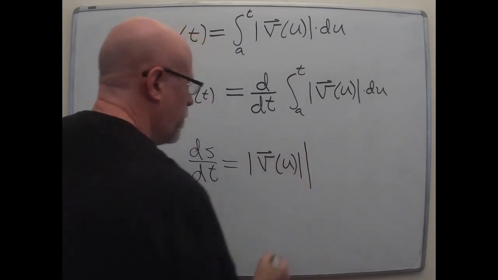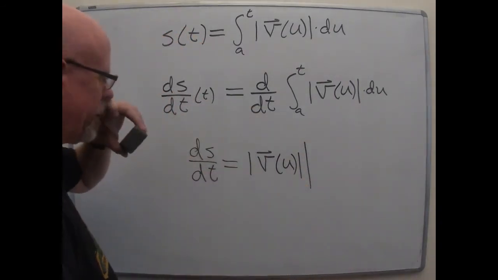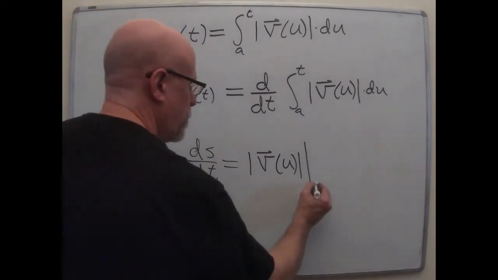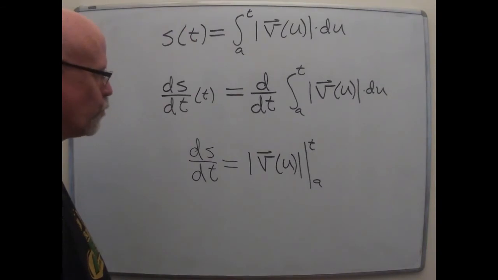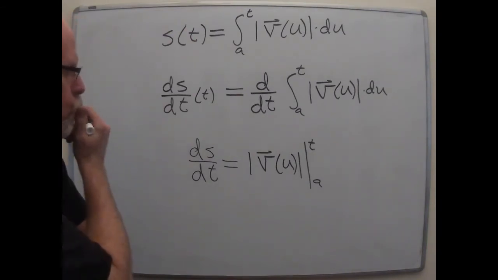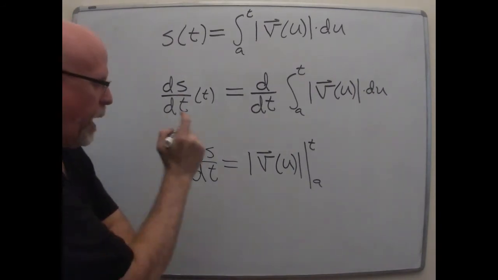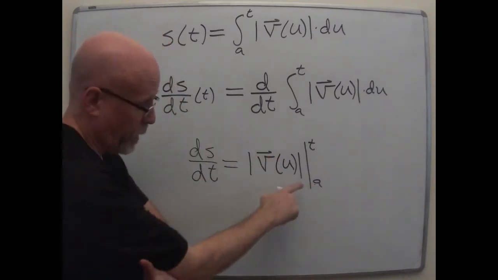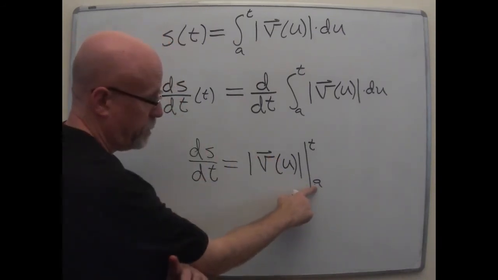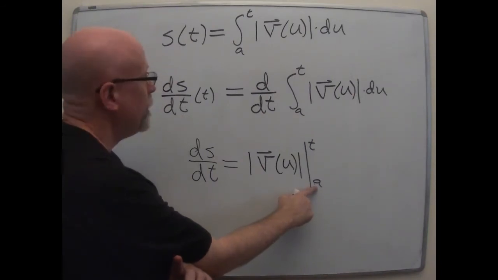Except I need to evaluate, don't I? I was taking a derivative. Yeah, I think I am supposed to evaluate at a and at t. All right. How far have we gone if we're still at our starting point? That's what A is. Yeah, you haven't traveled at all.